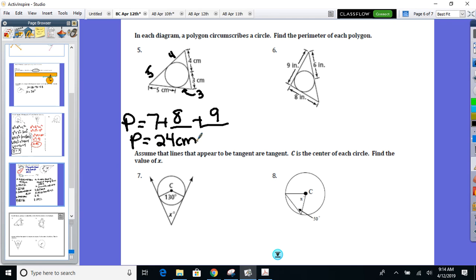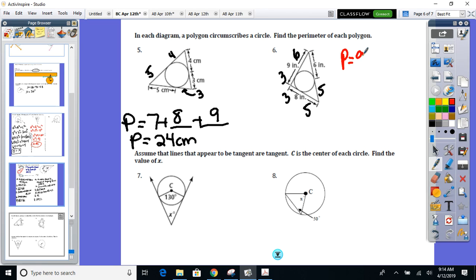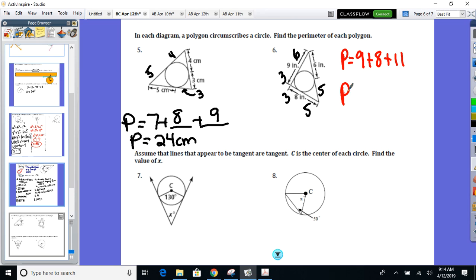You're not following the theorem. 2 tangents drawn to the same point are equal. 28 inches. 28.